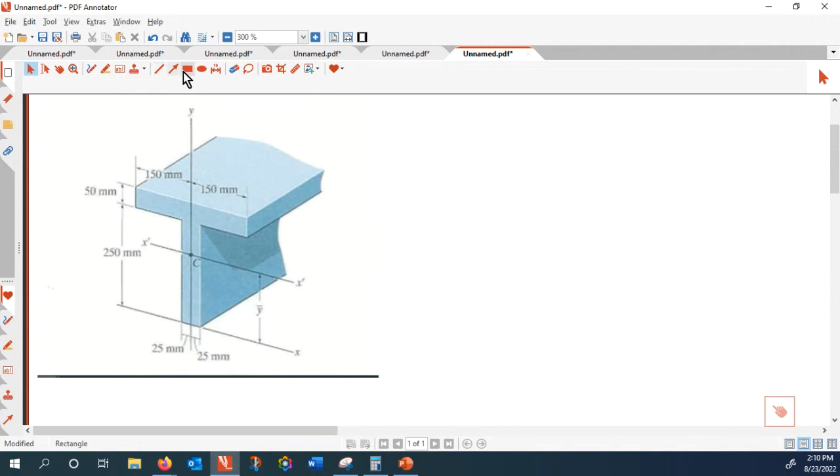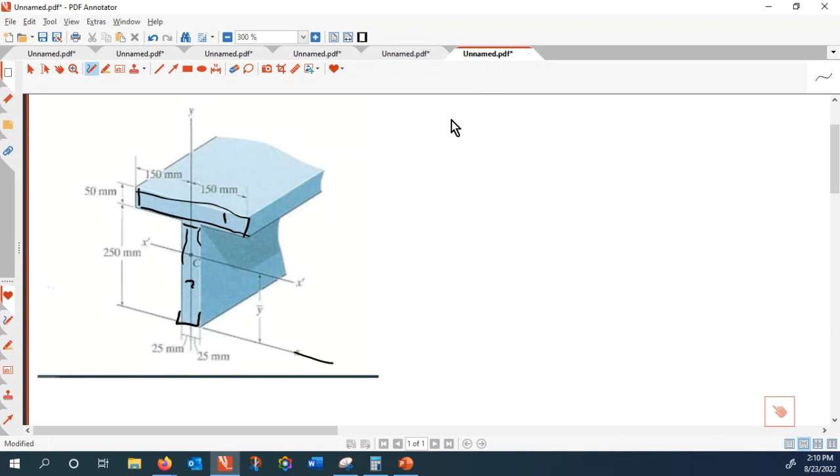So the way I do it is I take this one as primitive shape number 1, and this one as primitive shape 2. First thing, I need to find y bar, and I take my reference from the bottom.